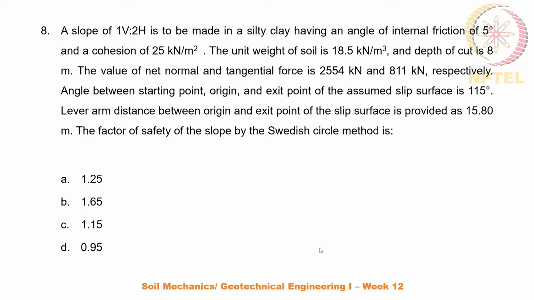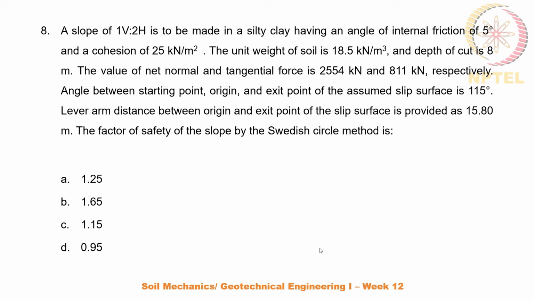So instead of giving a figure as in the previous question, here we have a descriptive question. That is the only difference. We are asked to determine the factor of safety of the slope by Swedish circle method. So here the required slope is 1 vertical to 2 horizontal.